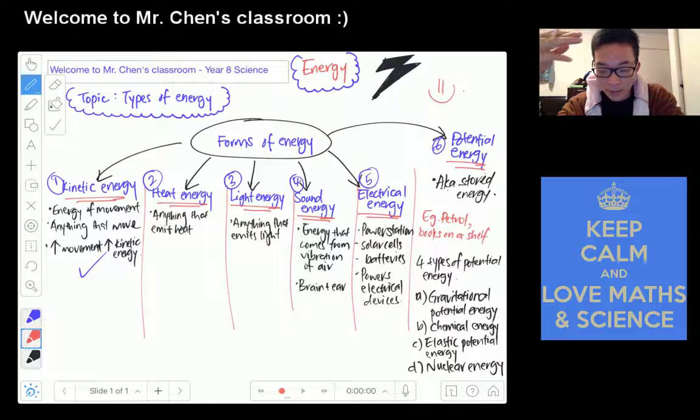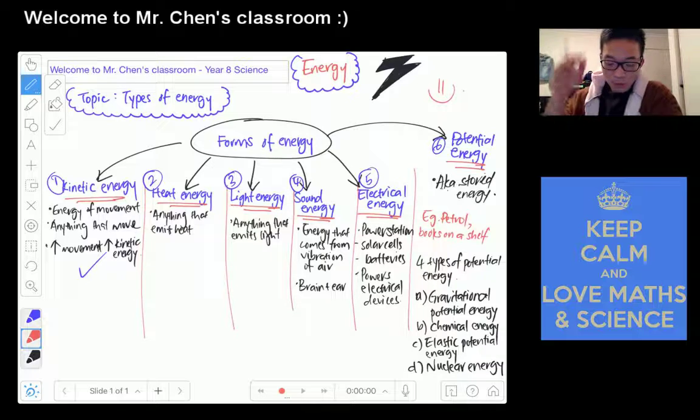Fifth one is electrical energy. Electrical energy comes from multiple sources. It comes from solar cells, which capture light energy, and from there the light energy gets transformed into electrical energy.